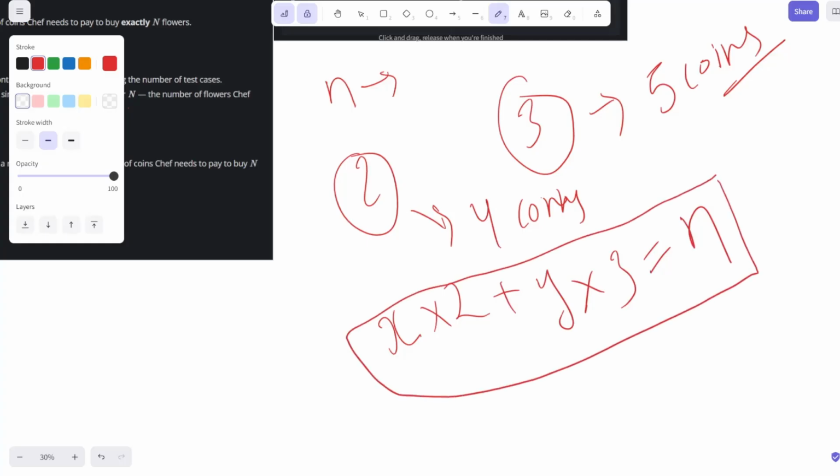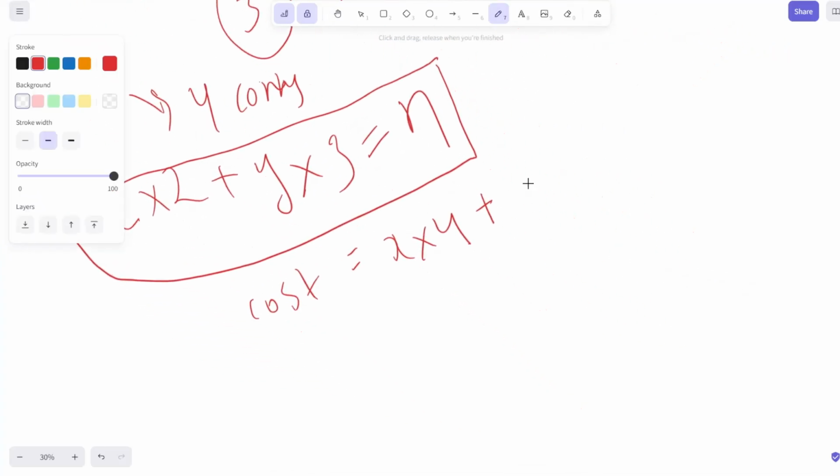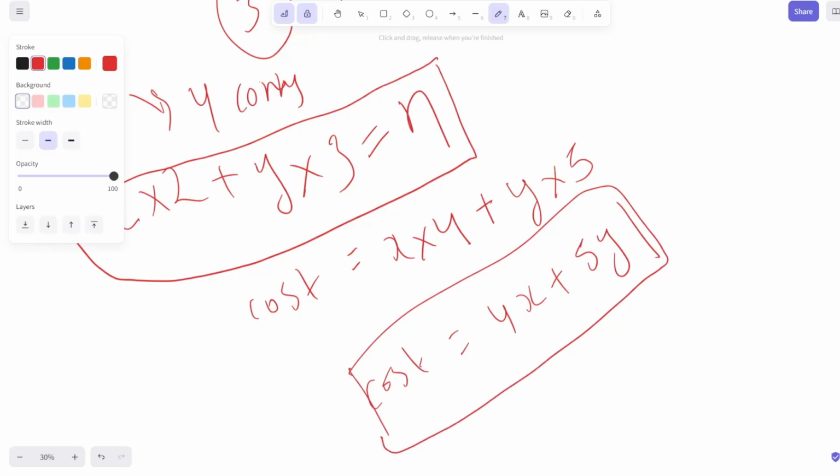For these x and y, the cost will be x into 4, as a group of 2 flowers costs 4 points, plus y into 5, as a group of 3 flowers costs 5 points. For a particular value of x and y, the cost will be 4x plus 5y.